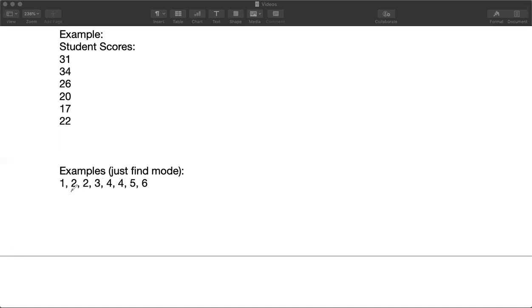What we see here is that there are 2 2s and 2 4s. Everything else just occurs once. So our mode here is actually going to be equal to 2, 4. There's 2 modes. It's bimodal or multimodal. Bimodal meaning that there's 2, or multimodal, depending on preference.